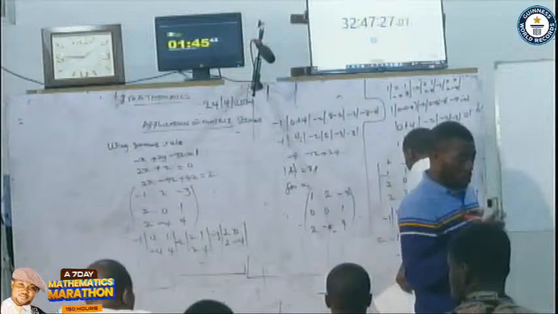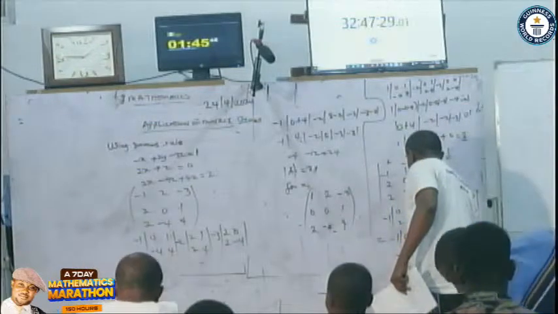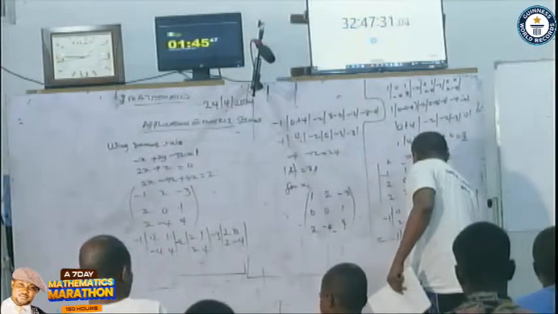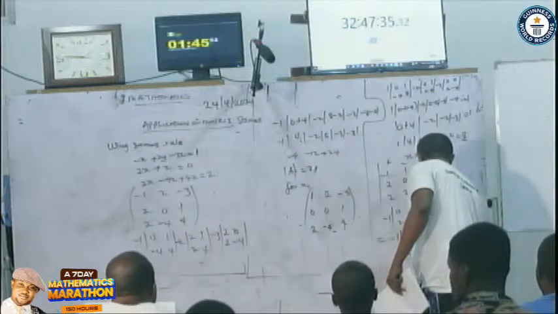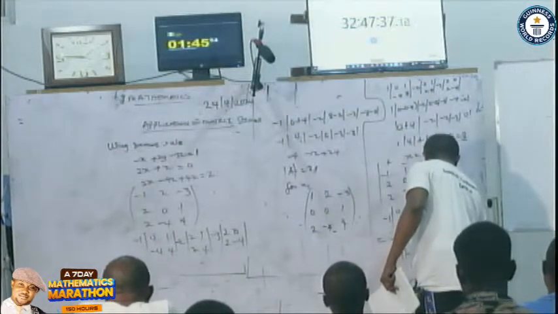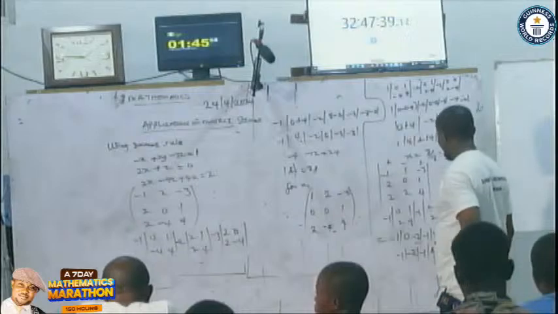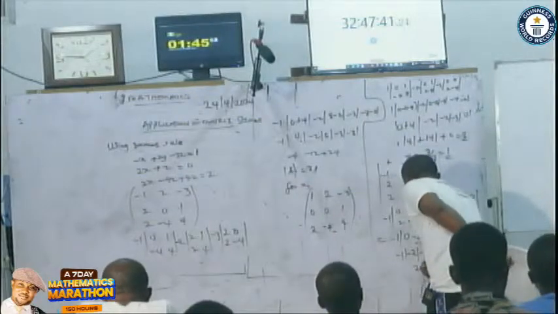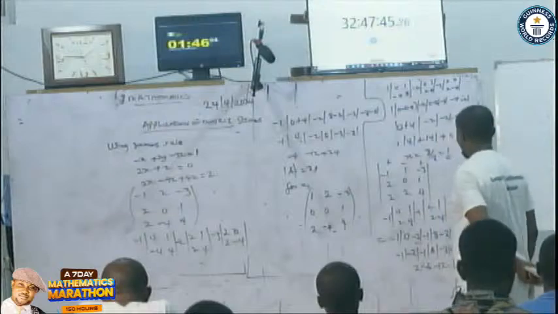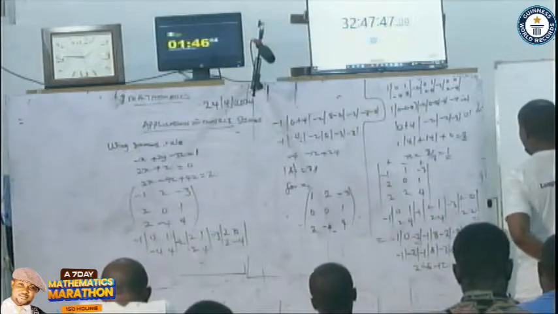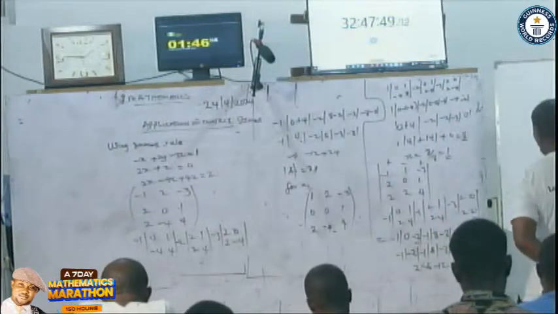So that will be minus 1 into minus 2, minus 1 into 8 minus 2 is 6, minus 3 into 4. So you have that place to be 2 minus 6 minus 12. 2 minus 6 is minus 4, minus 12.